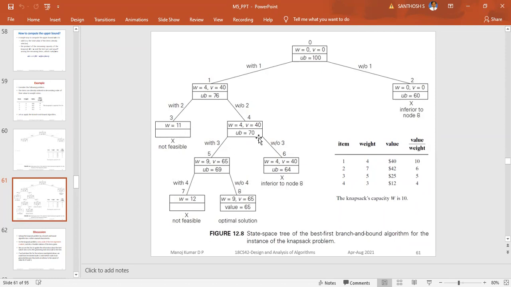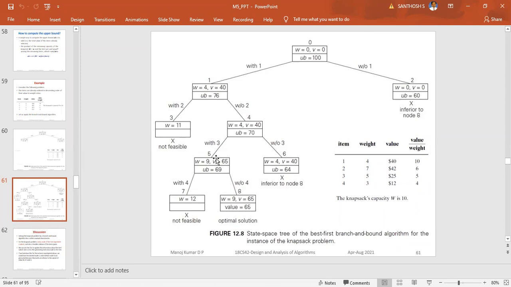So come to this part. Under 4, without 2, you get W equal to 4, V equal to 40, the same thing. The upper bound is equal to 70. Now you compare with 3 and without 3.